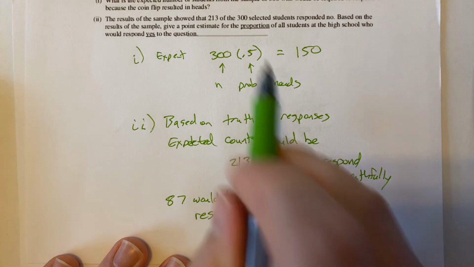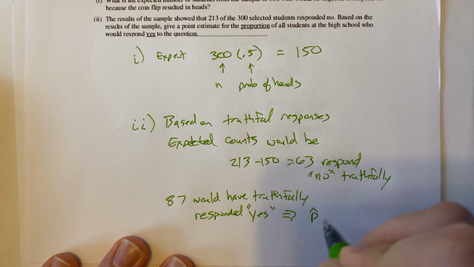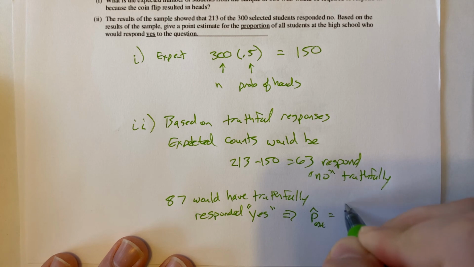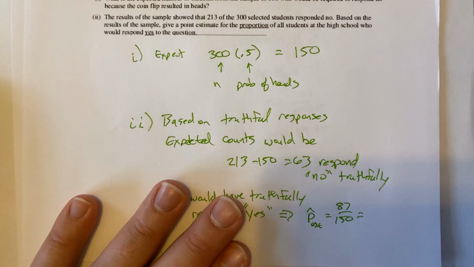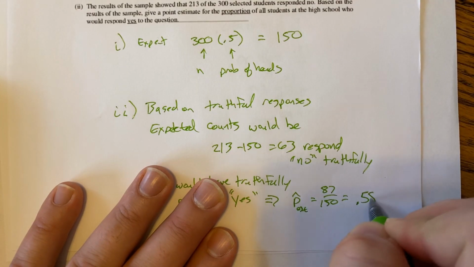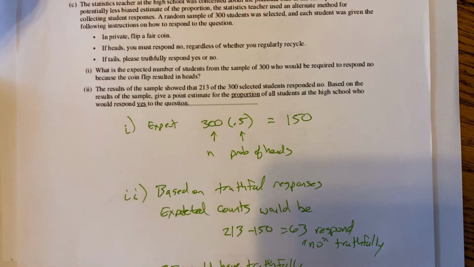And as a proportion, it says give a point estimate for the proportion. So we can estimate p hat there to be about 87 out of 150. And in this case, that is 58%. And that's all you need to do for the 2018 number 2 question.